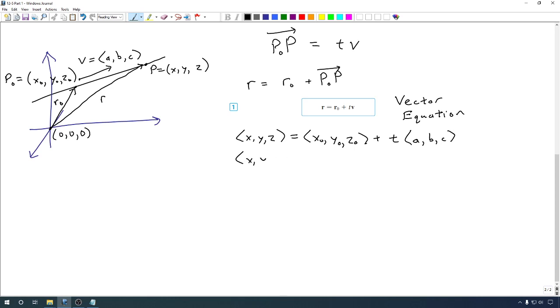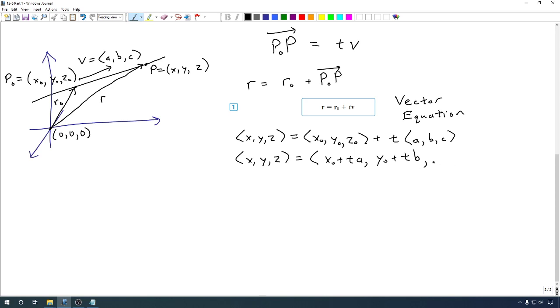So this side is going to stay the same, but this side, remember, scalar multiplication, we bring that multiple in and multiply the a, b, and c by t. But then we can add components. So this x naught will be added to the t times a. So we have x naught plus ta, y naught plus tb.